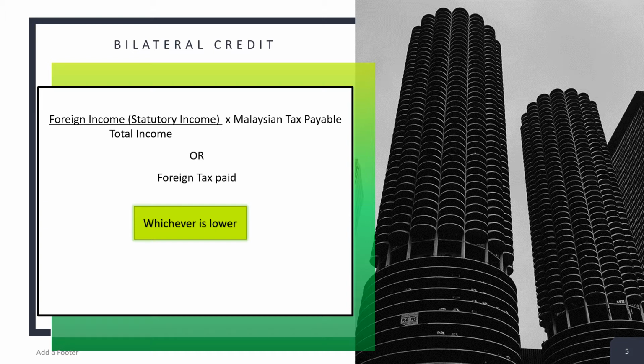Take the portion of foreign income, statutory income, the SI, divide by total income that you have calculated, and then times the Malaysian tax payable. Then you will find the portion of Malaysian tax payable on that foreign income. Then only we compare with foreign tax paid in full. So whichever is lower is the relief.